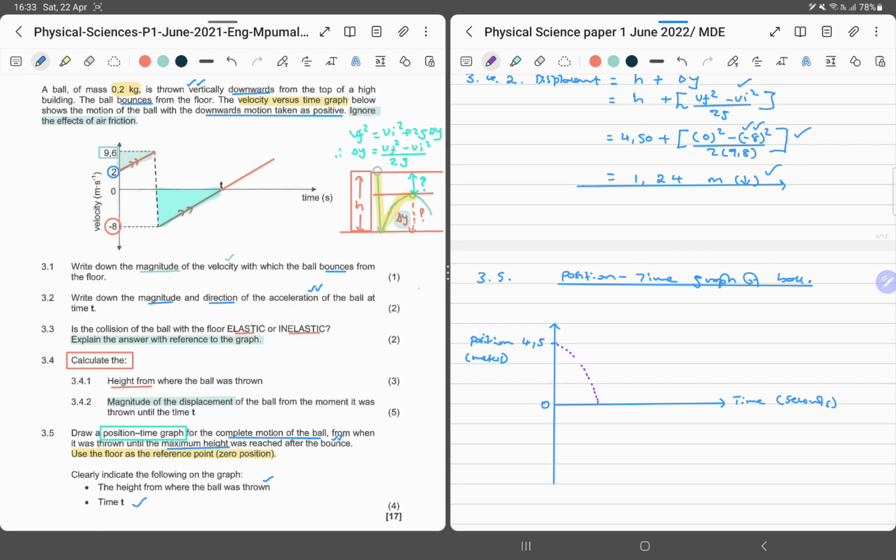Great. And then it reaches the ground, and then it spends a bit of time there when we dissipate some energy there, which we don't know how long it is, but we just want to capture it, and then it goes to this maximum height.